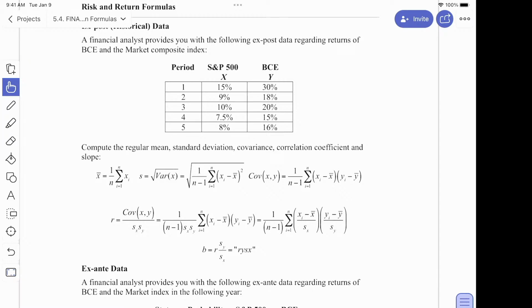Okay, so the makeup test, what about Friday? That's 28?